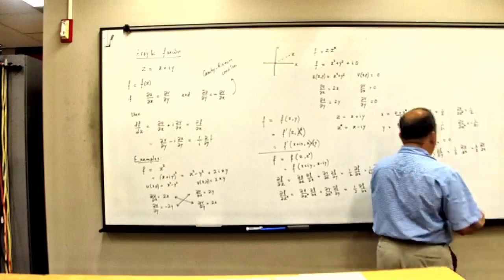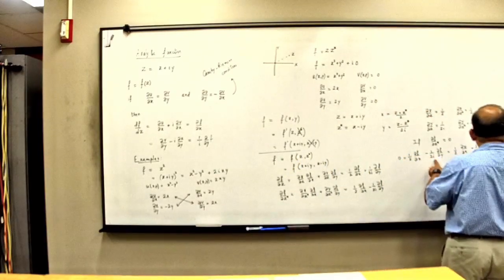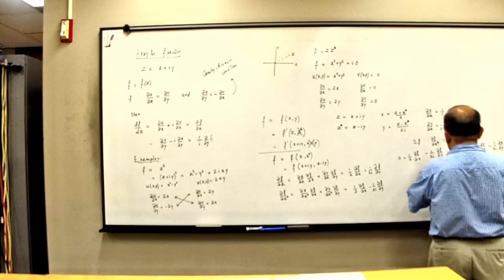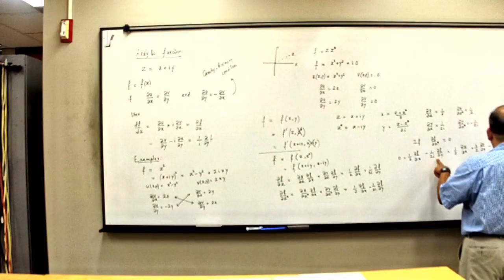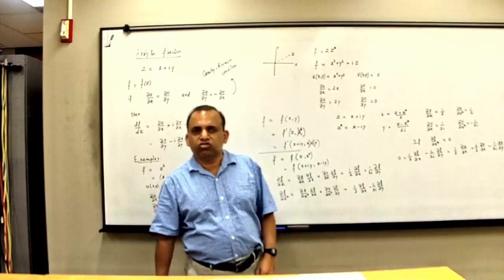I'm substituting f is equal to u plus iv, and here I have minus 1 by 2i du by dy, and as i cancels out, it is minus 1 by 2 dv by dy. That whole thing has to be 0.